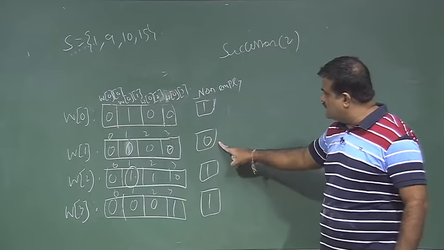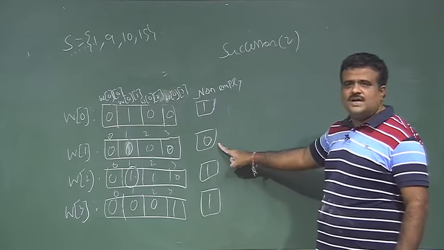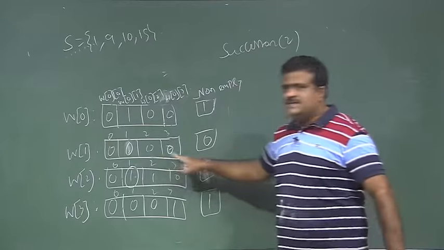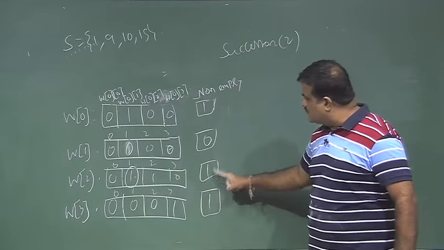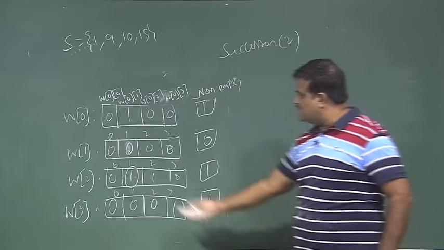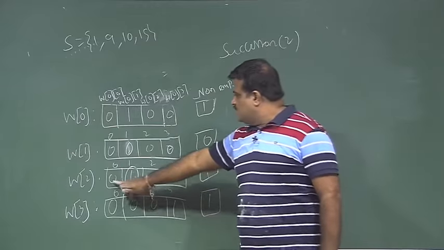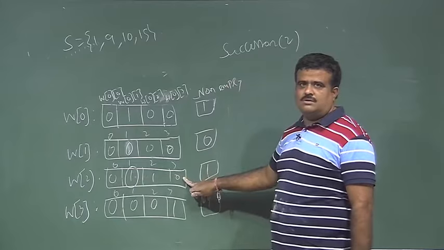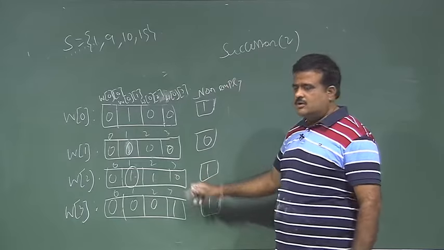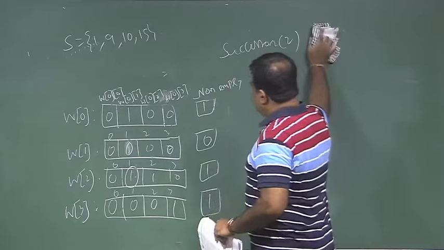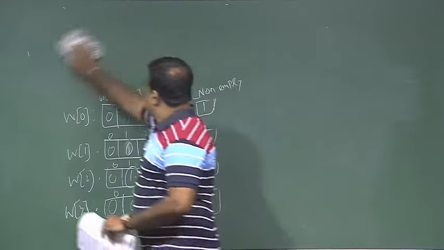We know that this block is empty, so there is no question of looking at this block for a 1. So, we just go for the next non-empty block, and then we search for a successor in this block. So, that is the idea.